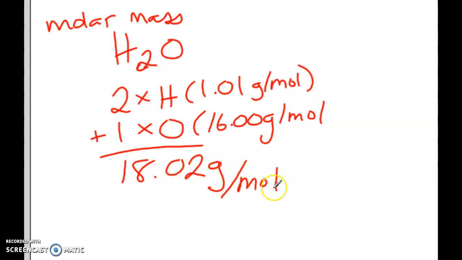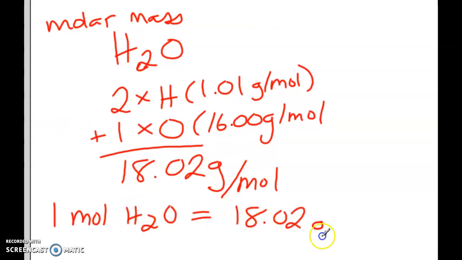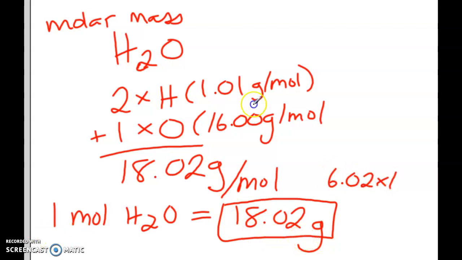So what does this mean? It means 1 mole of water would weigh 18.02 grams. So on a scale, if you were to weigh out 18.02 grams, that means we have 6.02 times 10 to the 23 water particles there.